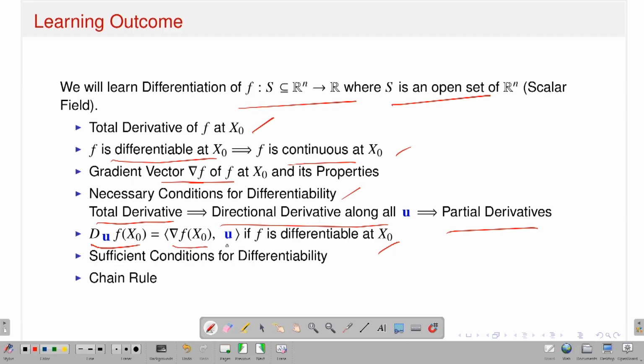You calculate the total derivative and take the inner product with the vector u, and it will give you the directional derivative of f at x naught in the direction u. And then, as I said, sufficient conditions for differentiability, that is, when the existence of partial and directional derivatives implies the existence of the total derivative, along with the chain rule.